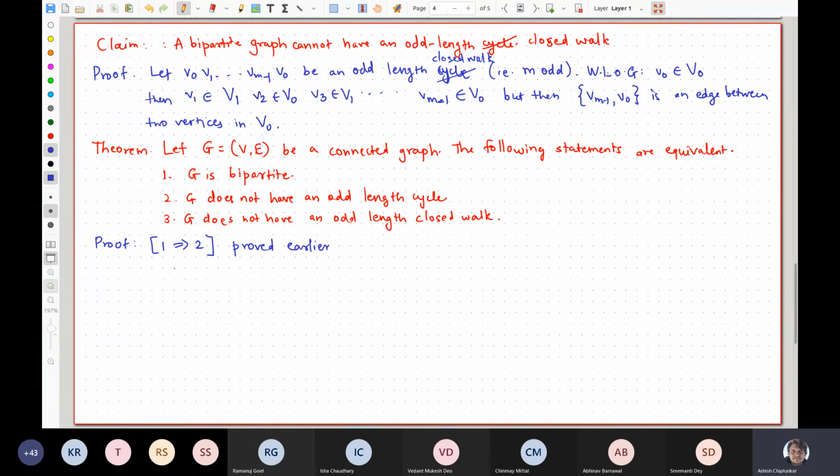Cool. So let's prove 2 implies 3 now. The graph does not have an odd length cycle. We want to prove that the graph does not have an odd length closed walk.